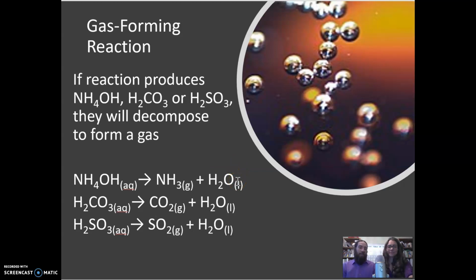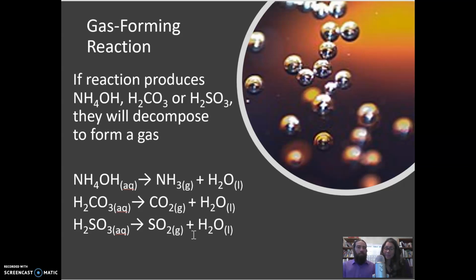So this would be a gas-forming reaction, and in this instance, even though we did produce water, this is not an acid-base reaction. So you'll have to be good at looking for those acids and bases for the produced water to work. It might be an acid-base reaction that led to it. It might be both. Sometimes you have a combination of these things.